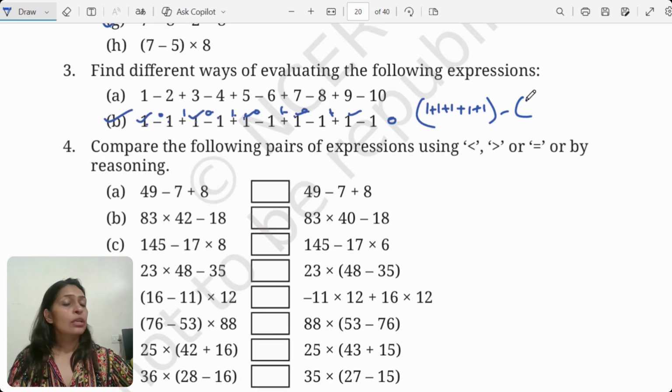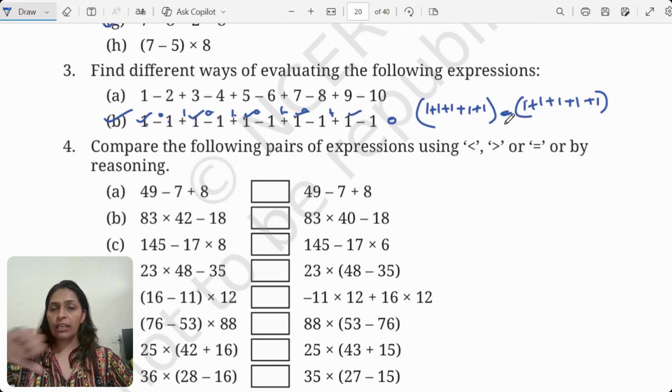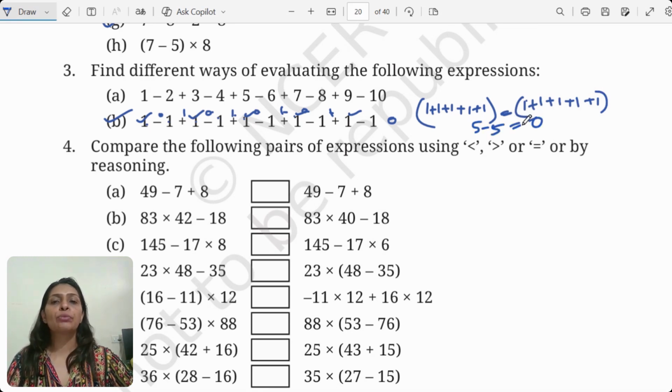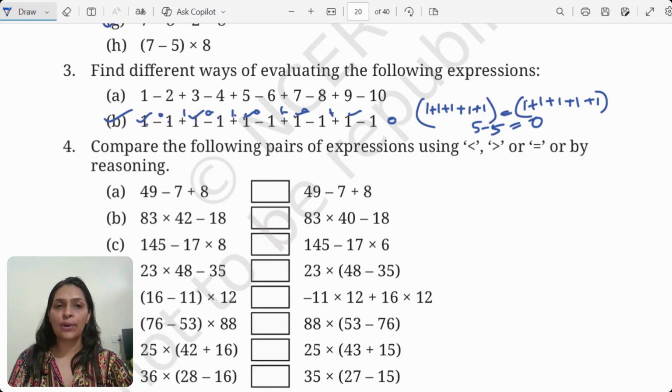Again, I have 5 ones. Okay, you may wonder why I have put a plus sign here, but understand that I have taken out the negative sign, right? So this is 5 minus 5. This is again going to be 0. All right. So this is how we solve this in two different ways.